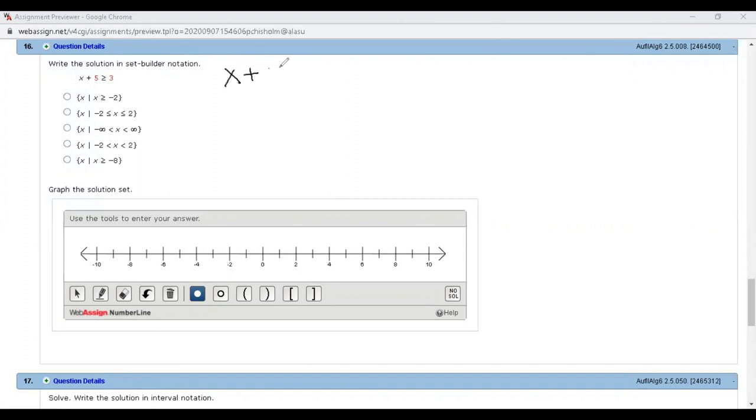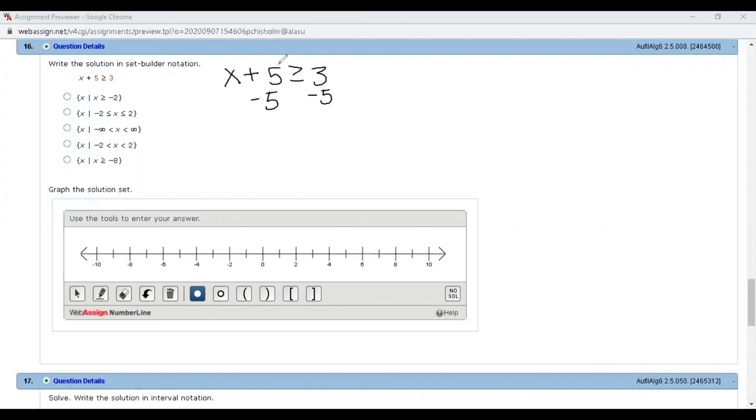So let's look at the one that we are given. We have x plus 5 greater than or equal to 3. So remember, we kind of treat the inequality symbol like the equal sign, but we have special rules that apply for our inequalities. So the same way we would subtract 5 from both sides, we're going to do that here.